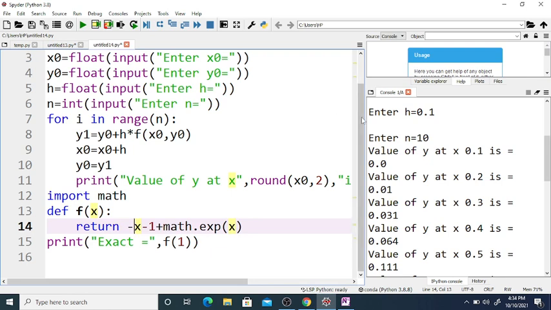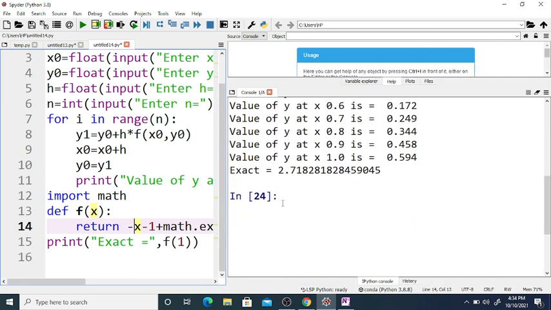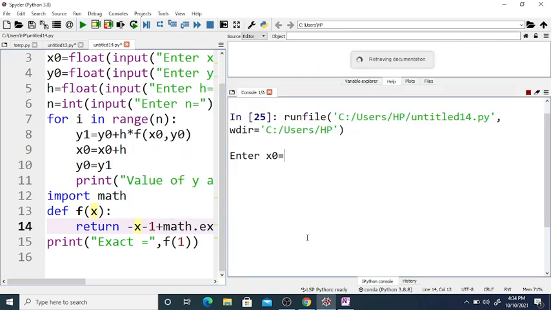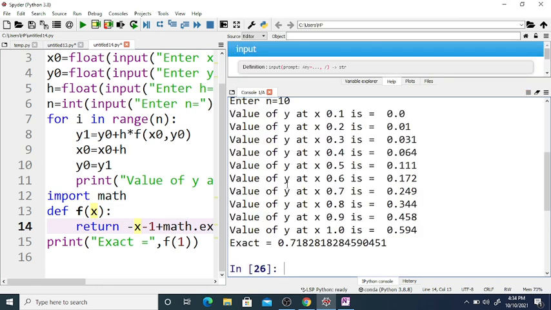Now we'll get the exact solution of the given differential equation. x0 is 0, y0 is 0, h is equal to, say, 0.1, number of steps is equal to 10. Now you can see here the solution of y at x is equal to 1.0 using the Euler method is 0.594, and by using the exact solution it is 0.7182.